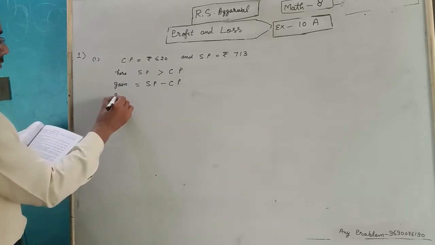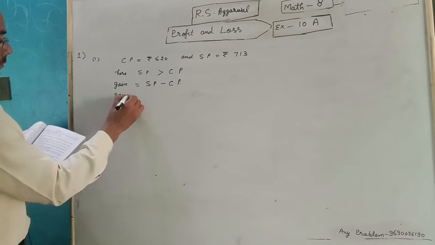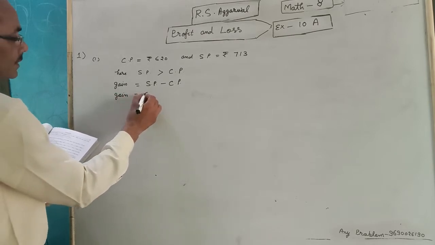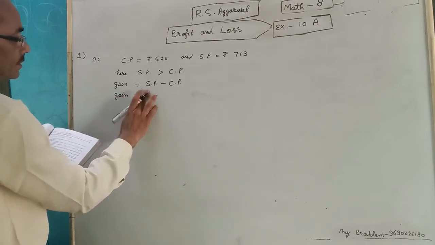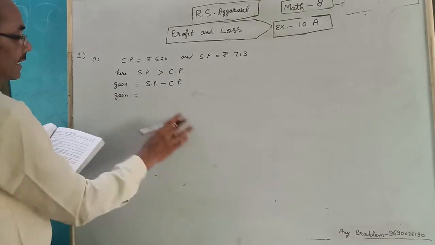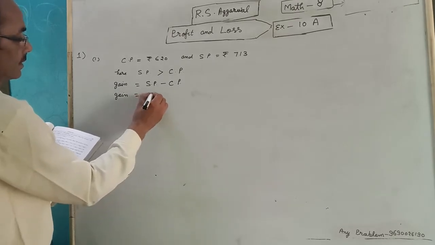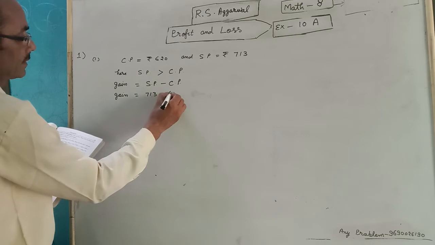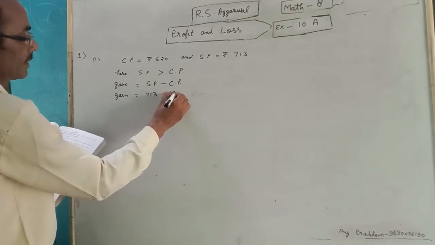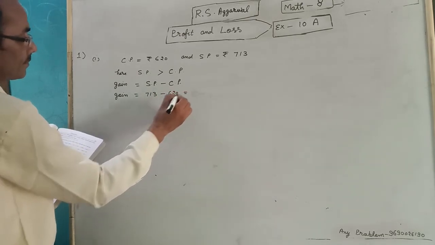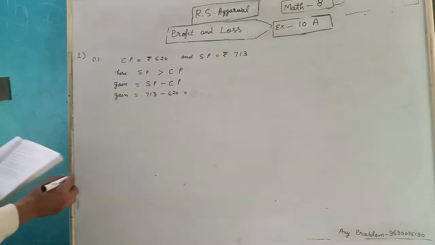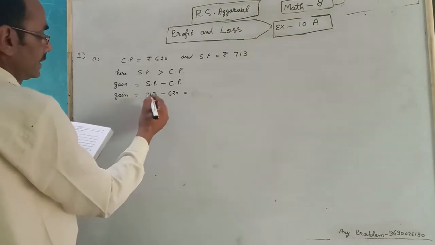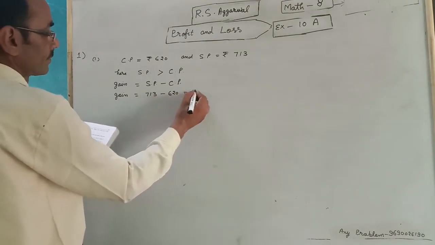Gain is equal to $713 minus 620. After minus is 93.